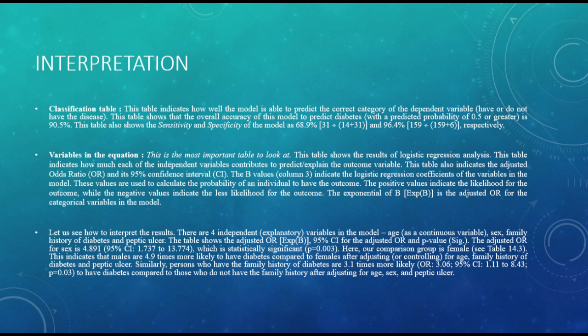Similarly, persons who have the family history of diabetes are 3.1 times more likely, OR 3.06, 95% confidence interval 1.11 to 8.43, P equals 0.03, to have diabetes compared to those who do not have the family history after adjusting for age, sex, and peptic ulcer.